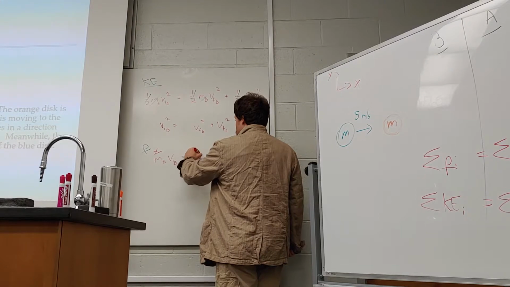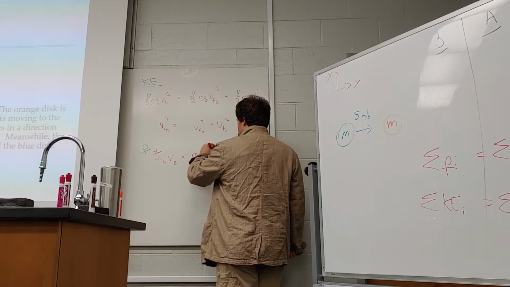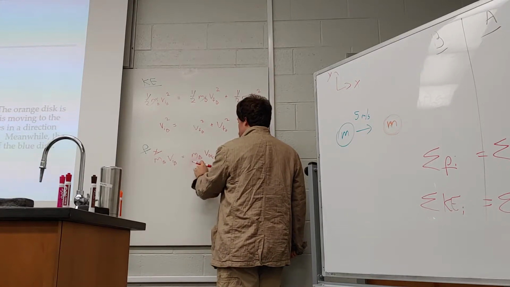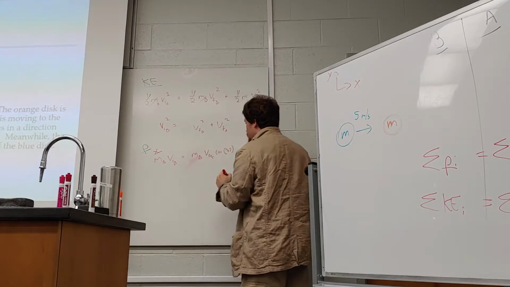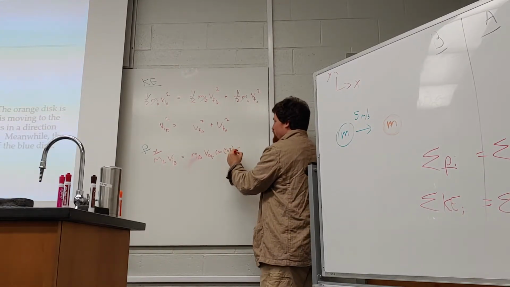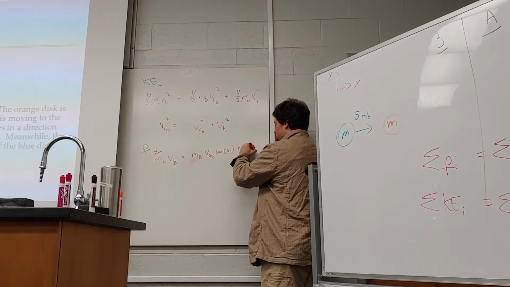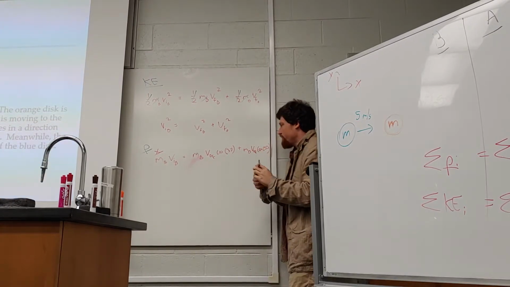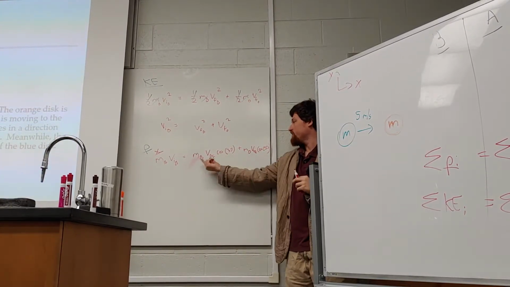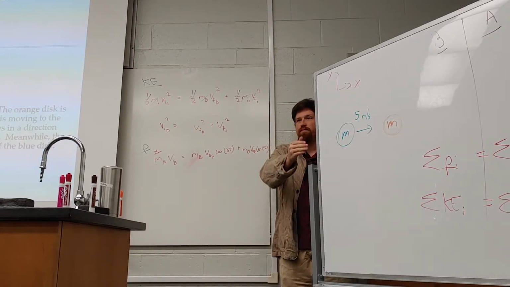Afterwards, the blue disk, its mass times its x velocity, and the other momentum currently in the x-axis is the orange mass and its horizontal component. So that's just their masses times the components that we found looking at the trigonometry.